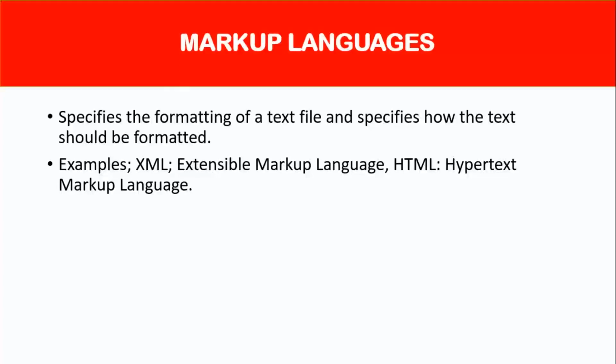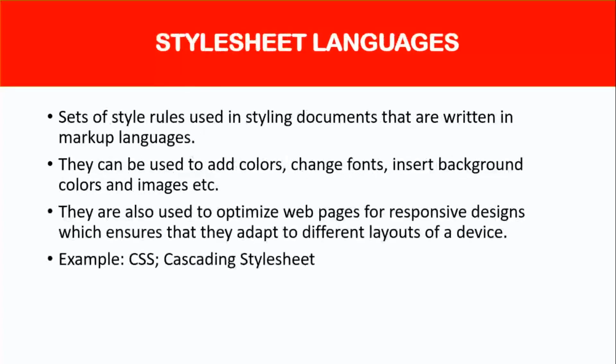We have examples of these as XML, which stands for extensible markup language, and we also have HTML, which we've talked about, the hypertext markup language. These languages are examples of what we call markup languages because we use them to define the structure of our website.